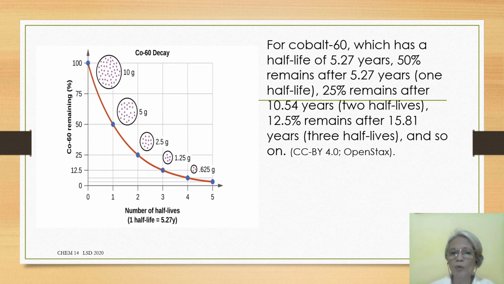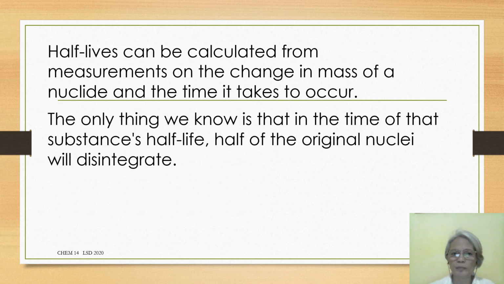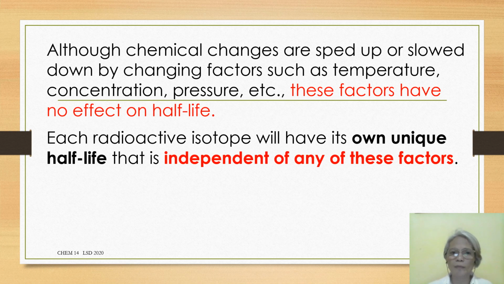That's how we describe or denote half-lives. Now, half-lives can be calculated from measurements on the change in mass of a nuclide and the time this change occurs. But the only thing that we know is that in the time of that substance's half-life, half the original nuclei will disintegrate.